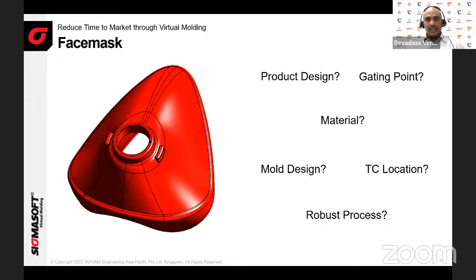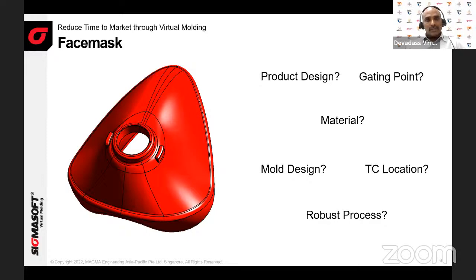So we need to choose the correct material, and the mold must be suitable to produce a huge quantity. And then where to put the thermocouple in the mold to get a homogeneous temperature, and whether the process is robust. All these are considered after we start the product design.